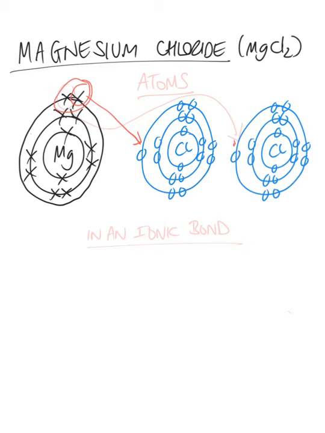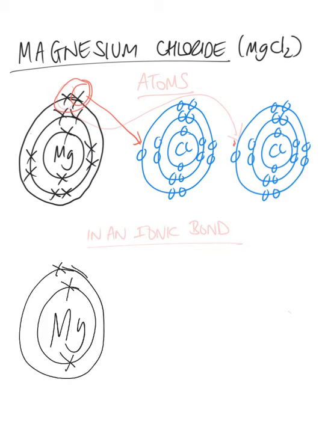Now, in terms of representing that, we still have our Mg, 2 and 8, with its 2+ charge.